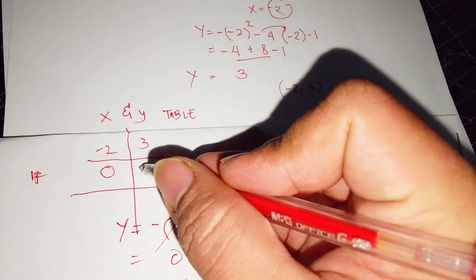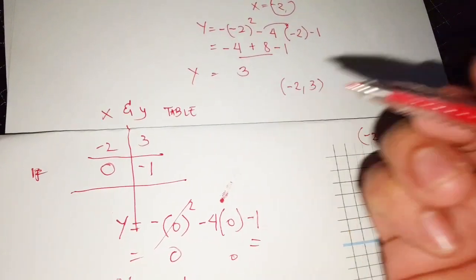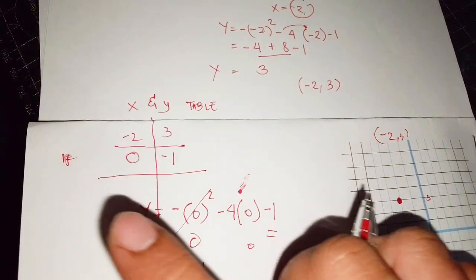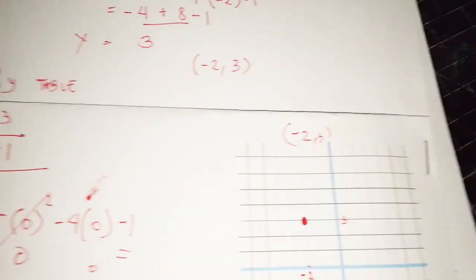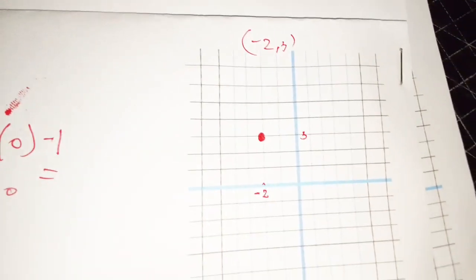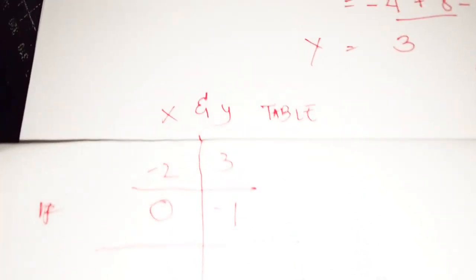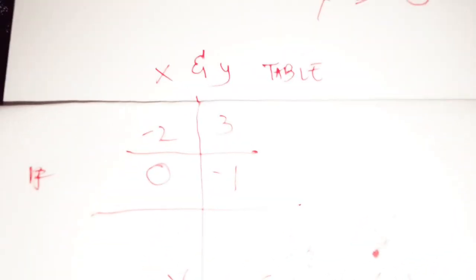So if x is 0, then y is negative 1. Where is this located? Your x is 0 and your y is negative 1.